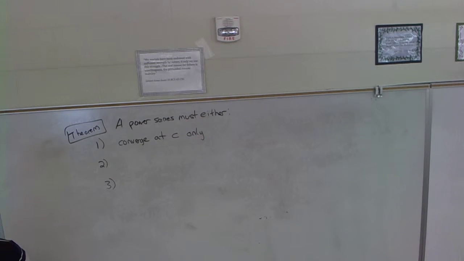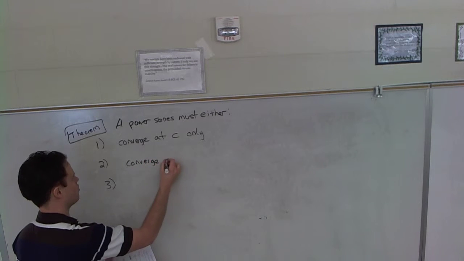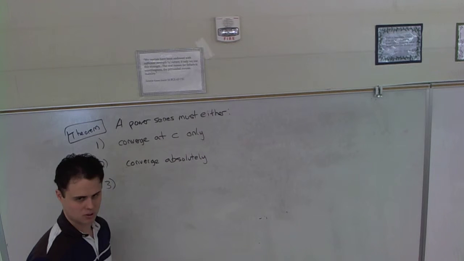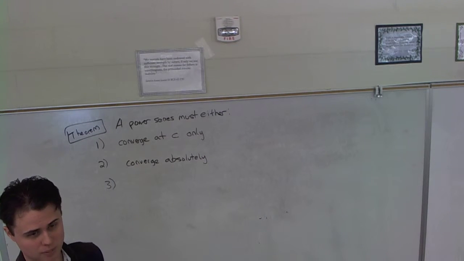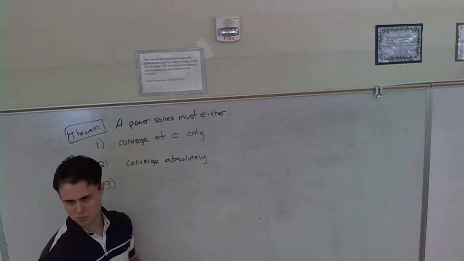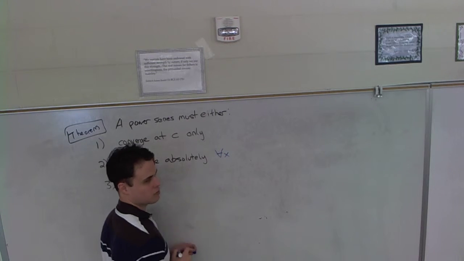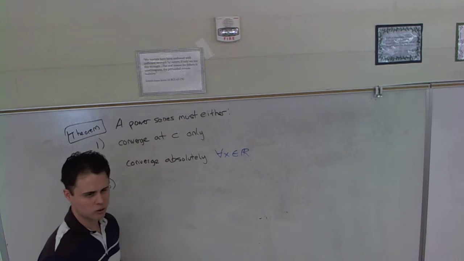That's probably not very useful, right? But that definitely happens sometimes. It can converge what's called absolutely. What do you guys think that means? That's what we want. That's what we're hoping happens. This is what computers use. They can only use absolutely convergent series mostly. That means everywhere for all x values, and that would be all x values pointing to the real numbers.